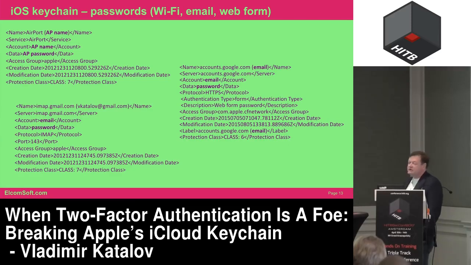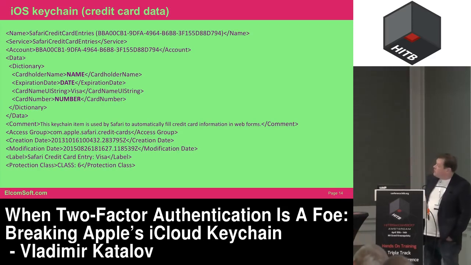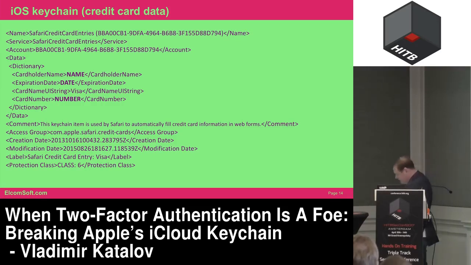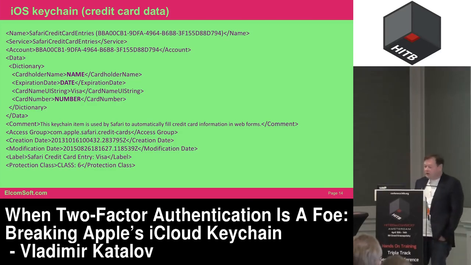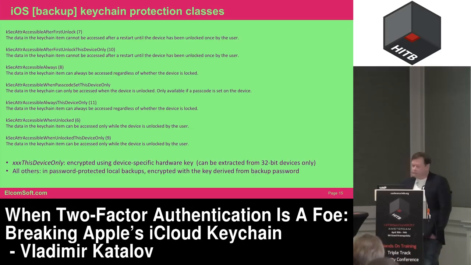You have some additional data like protocol and things like that as well. So speaking of the credit card data, it is also stored in the keychain, in a local keychain, in the keychain which is part of the iCloud backup, and in the iCloud keychain as well. We have the name on the card, the expiration date, the card type, and the number.